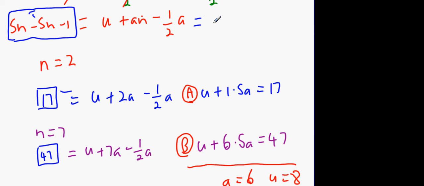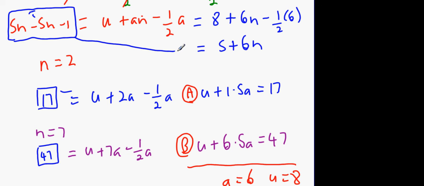A is 6, so it's going to be 8 plus 6n minus half of 6, which is 3. So the answer is going to be 5 plus 6n. This formula now equals 5 plus 6n. This represents how much distance is travelled in the nth second.